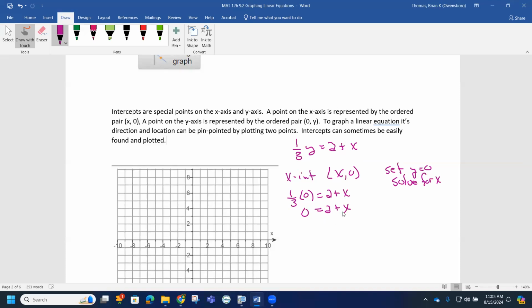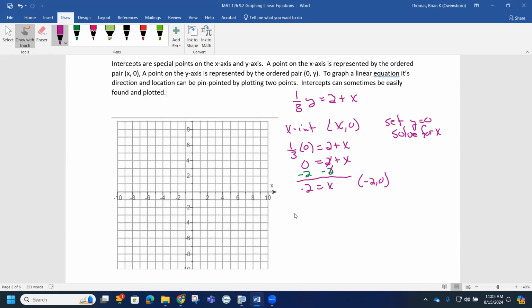What can you add to 2 to get a 0? Well, that should be a -2. Or if you want to get rid of this constant, you can subtract 2 from both sides to get x by itself. So 0 minus 2 is -2, and 2 minus 2 zeroes out, and you've got your x by yourself. So the x-intercept is -2, 0, as in the ordered pair.